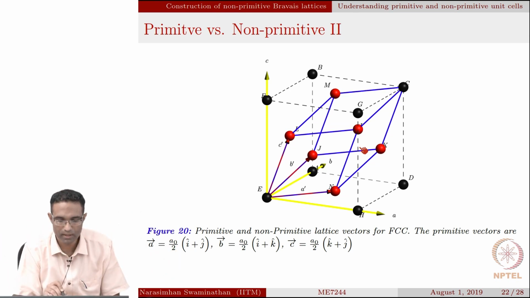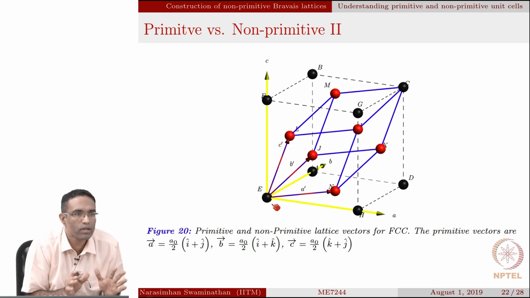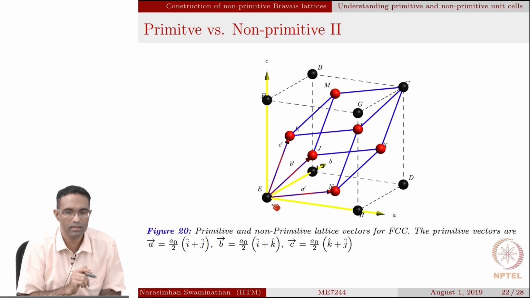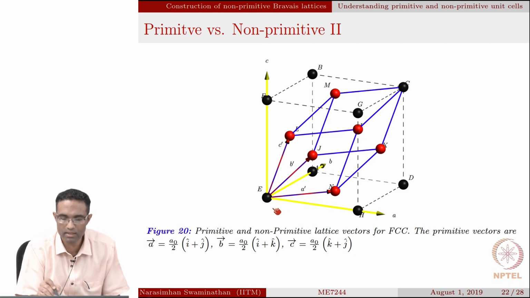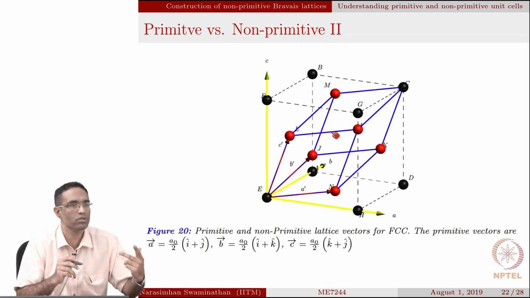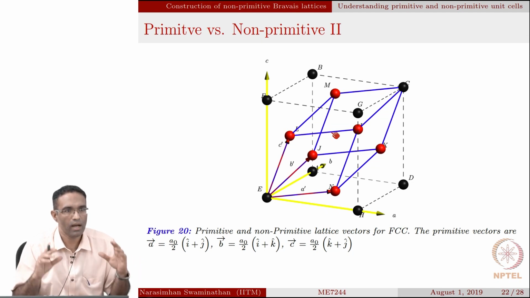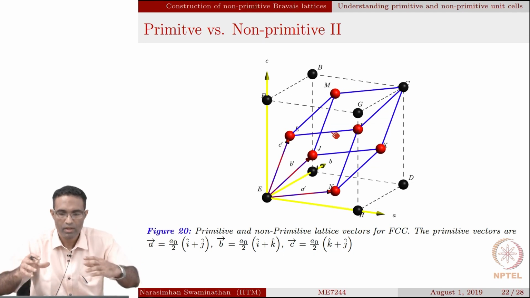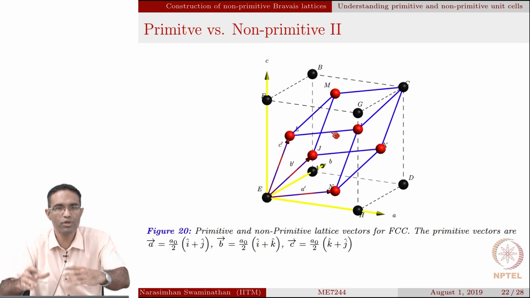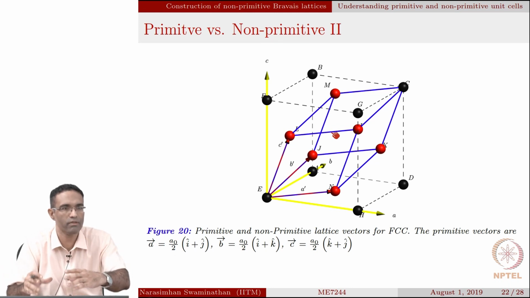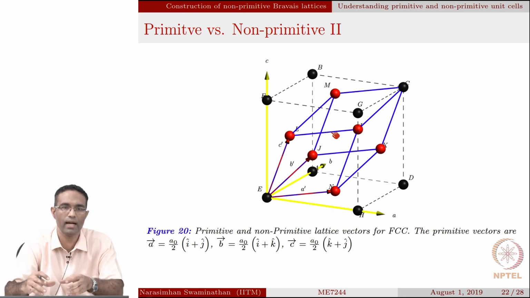The problem is the lattice vectors A prime, B prime and C prime are not orthogonal. They have some weird included angle between them, right? However, your A, B and C that you used previously are all orthogonal. They are equal in length, right? And last but not the least, if you drew it using the non-primitive lattice, you are able to maintain the symmetry of the underlying lattice.